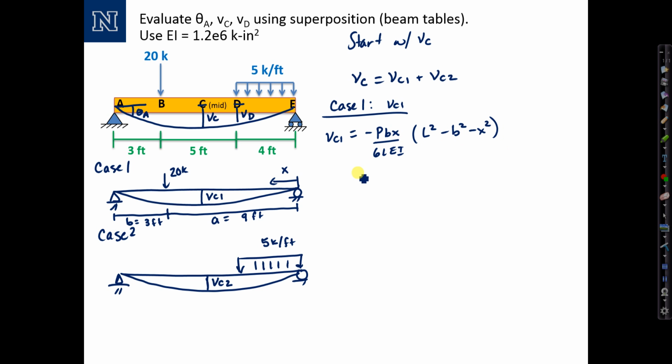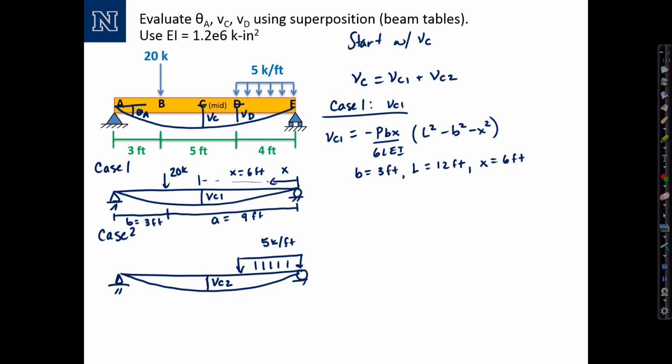We already said B is equal to 3 feet. L is the length of the beam, 12 feet. And x is going to be the distance from the left end to the point where I'm evaluating deflection. That's the midpoint of the beam, so x equals 6 feet, half the length of the beam.